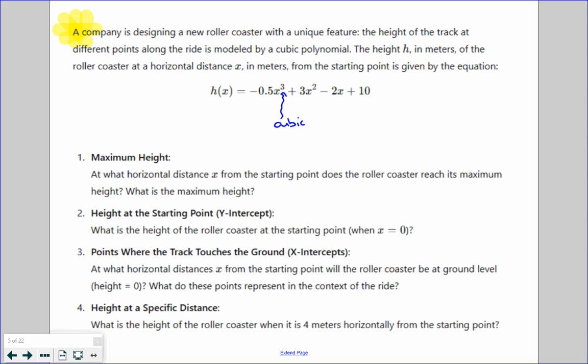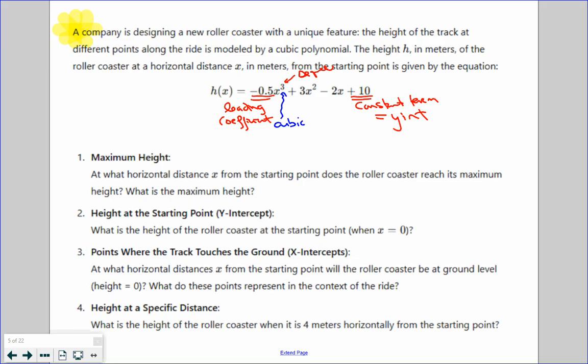Cubics, so I went through a whole bunch of patterns with you with cubics, okay? One of the first patterns we learned was that this is called the constant term. The constant term is the y-intercept, okay? The second thing we learned is that the highest power is called the degree, and the number in front of the highest power is called the leading coefficient.